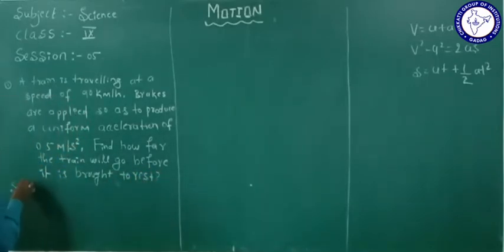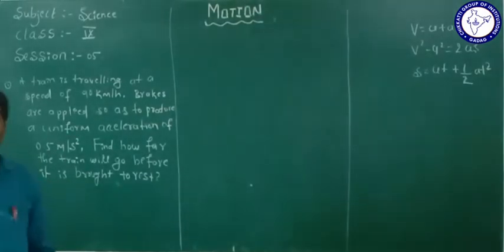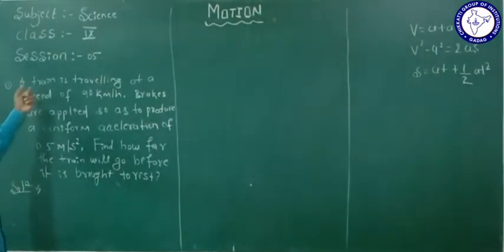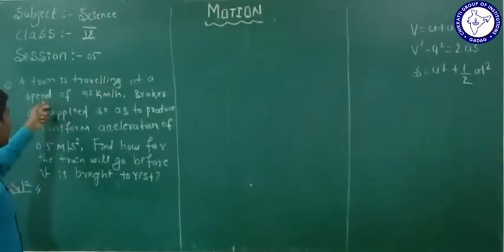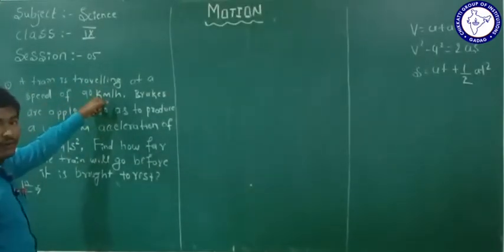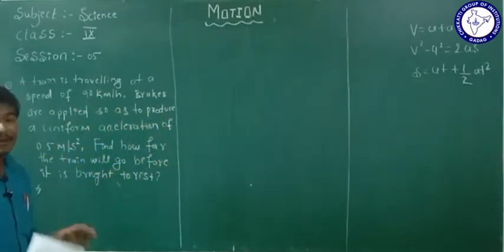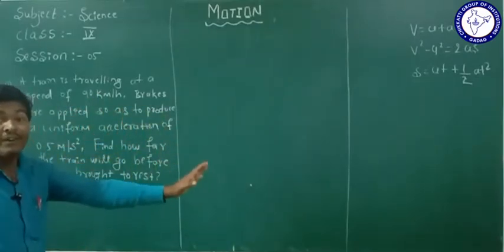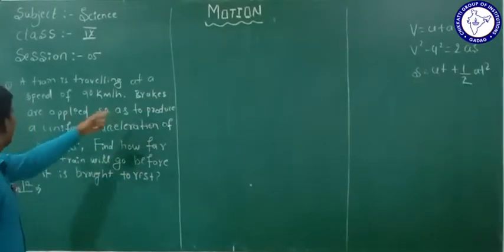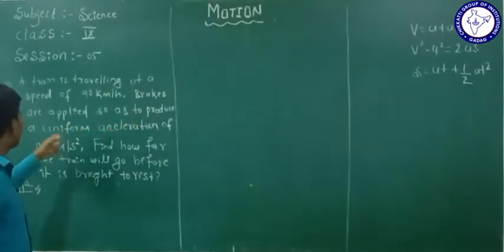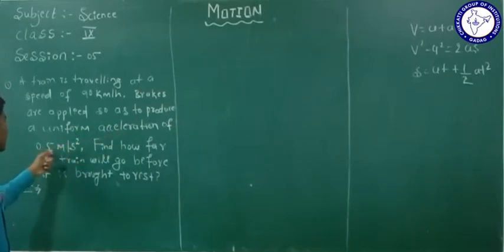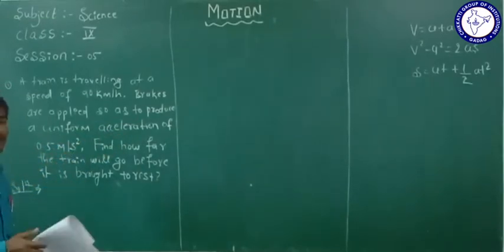Solution. See here, students, once again you have to read the given problem. A train is traveling at a speed of 90 km per hour, that is, presently it is traveling at 90 km per hour. Brakes are applied so as to produce a uniform acceleration of 0.5 meter per second square.